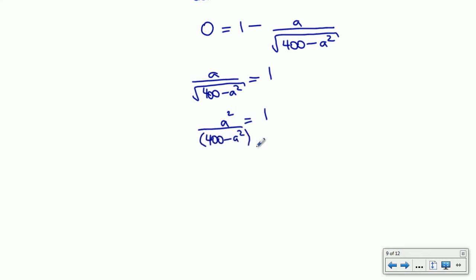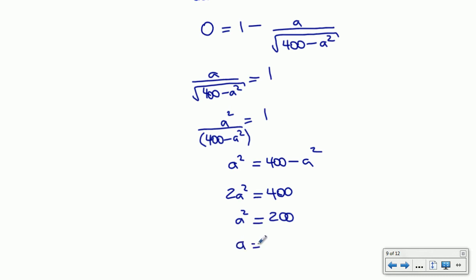Multiply both sides by the denominator, so a squared equals 400 minus a squared. Add a squared to both sides, we get 2a squared equals 400. Divide both sides by 2, giving a squared equals 200. And now a equals root 200. That is the dimension of a that makes the perimeter a maximum.